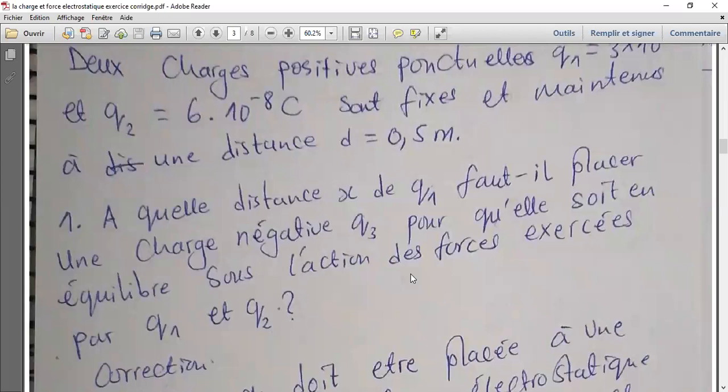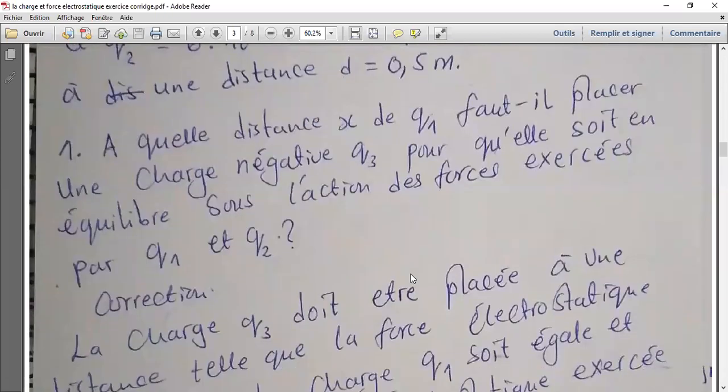So now we are going to place Q3. We're going to do a diagram. Here they just gave us the problem in writing, so you have to imagine how to draw a diagram.